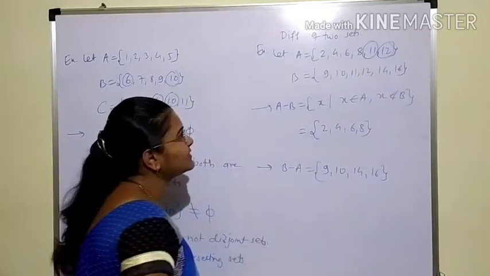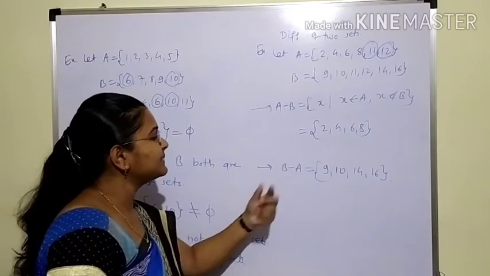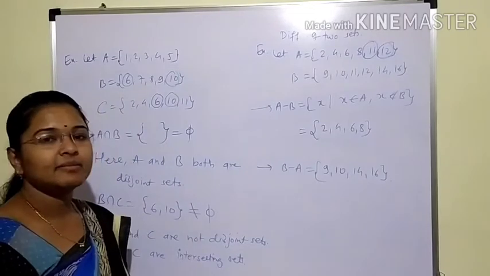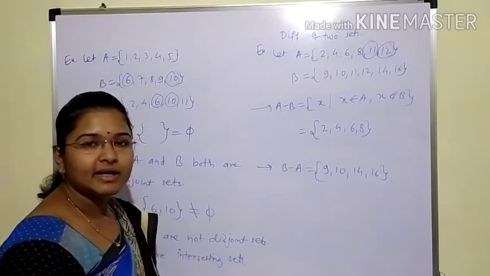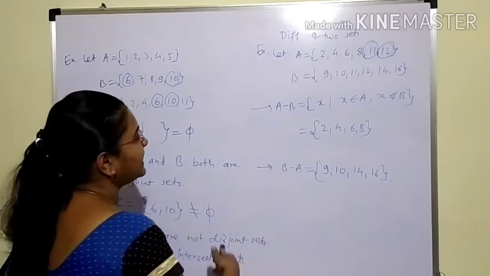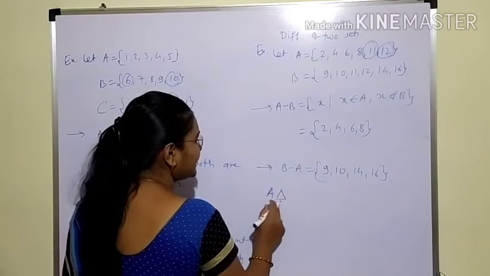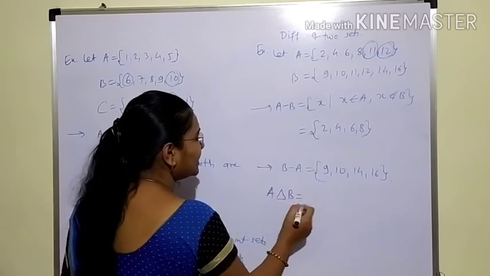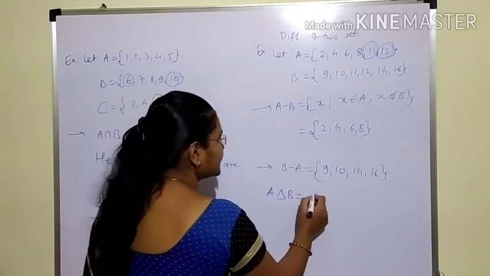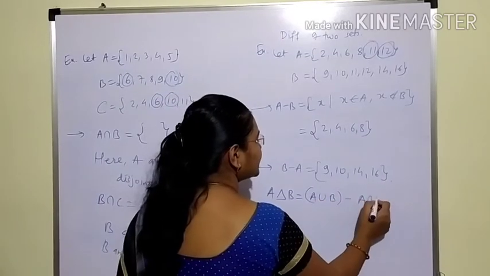So here we have seen the difference between sets A and B and the difference between sets B and A by an example. Getting it? Now we'll see the symmetric difference. We'll find the symmetric difference for sets A and B. The symmetric difference of sets A and B, as we have just seen, is nothing but A union B minus A intersection B.